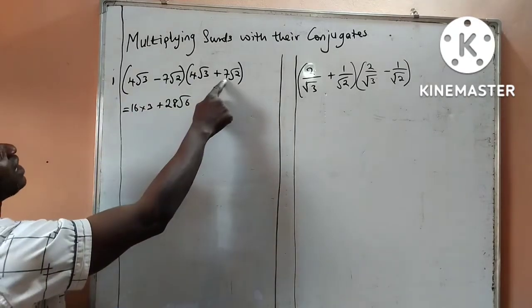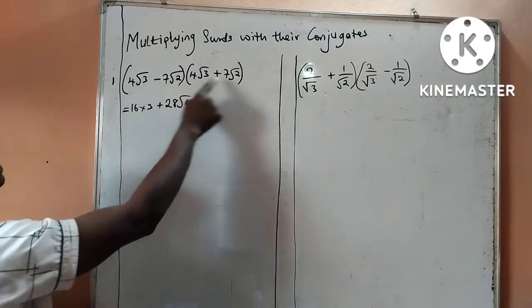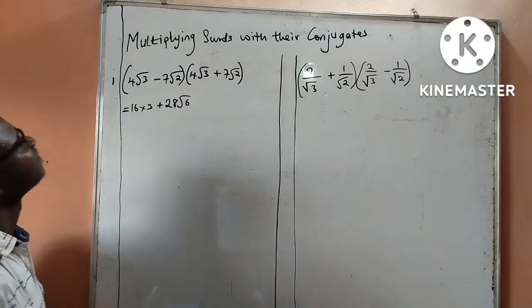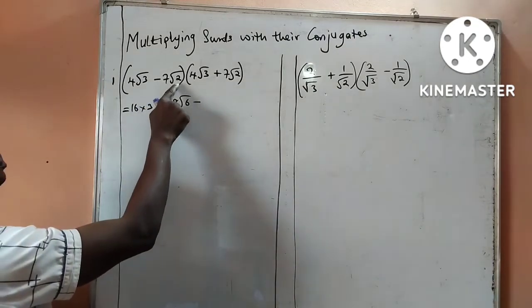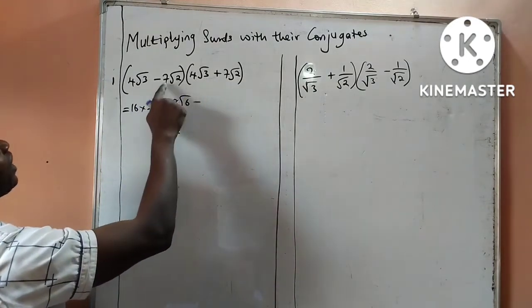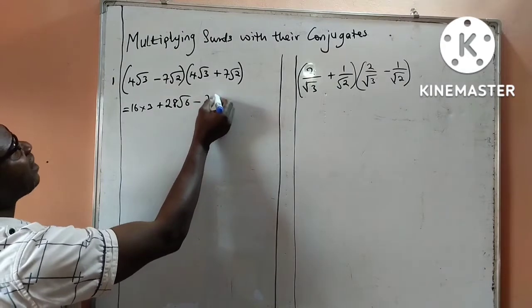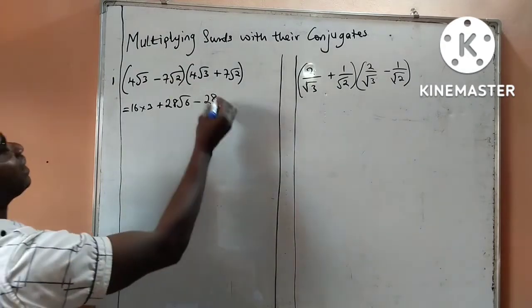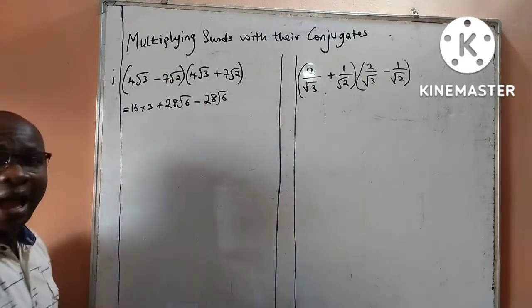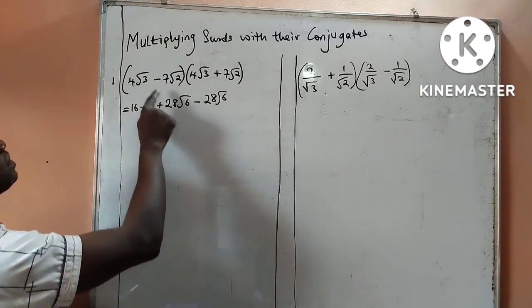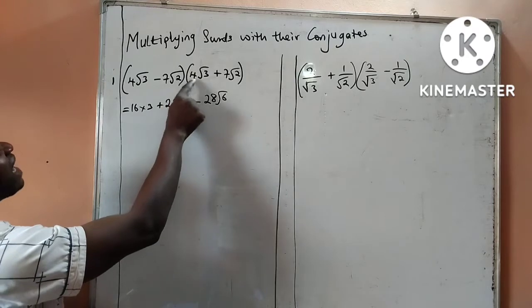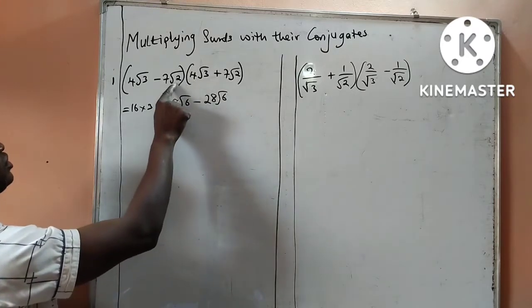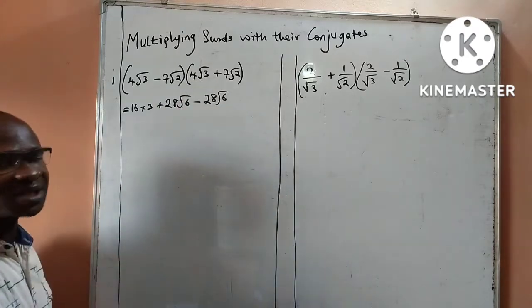How? 4 times 7 is 28. Root 3 times root 2 will give me root 6. Minus 7 root 2 times 4 root 3 will give us minus 28 root 6. How? Because minus times plus, of course, is minus, and 7 times 4 will give me 28. Root 2 times root 3 will give me root 6.